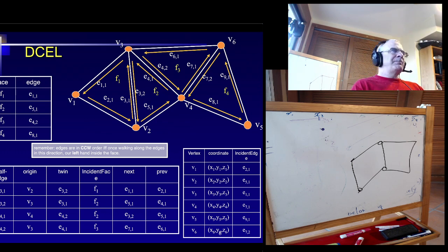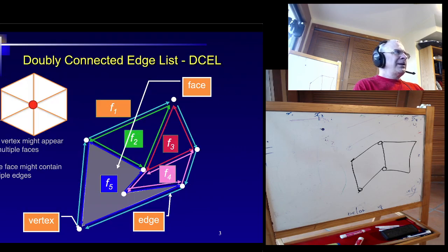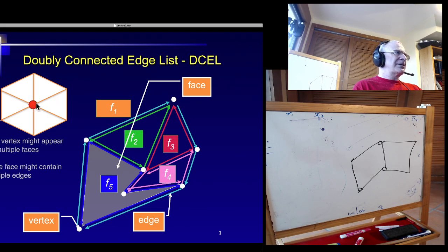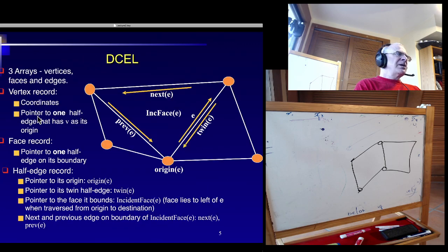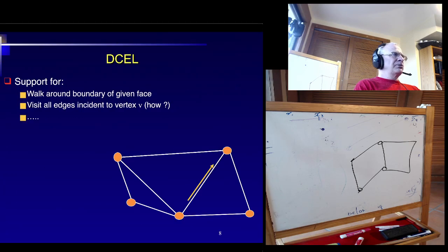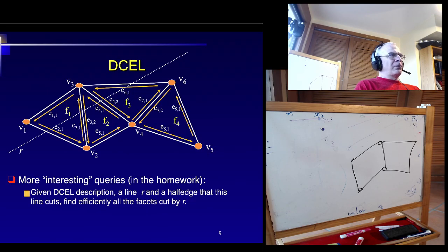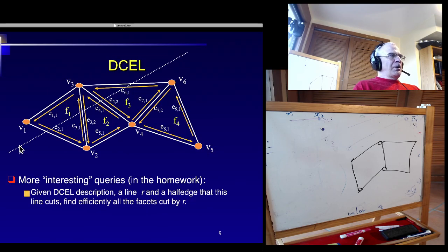It may be easier to see if we think about the half edges that would have left the stars over here. You start from one direction, go to the opposite side, go back, go to the other direction, go to the next, go back, and so on. So we can visit all the edges incident to a vertex, and we can even answer more interesting questions like ray shooting.